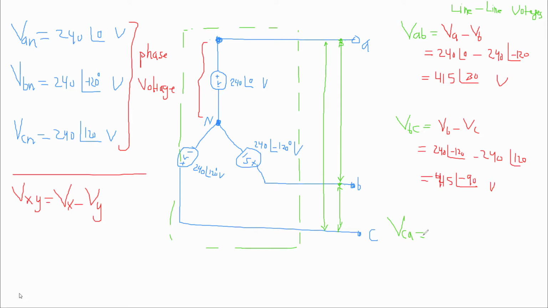Here VC, which is 240 angle 120, is VC minus VA, and VA is 240 angle 0. This is going to give you 415 angle 150.